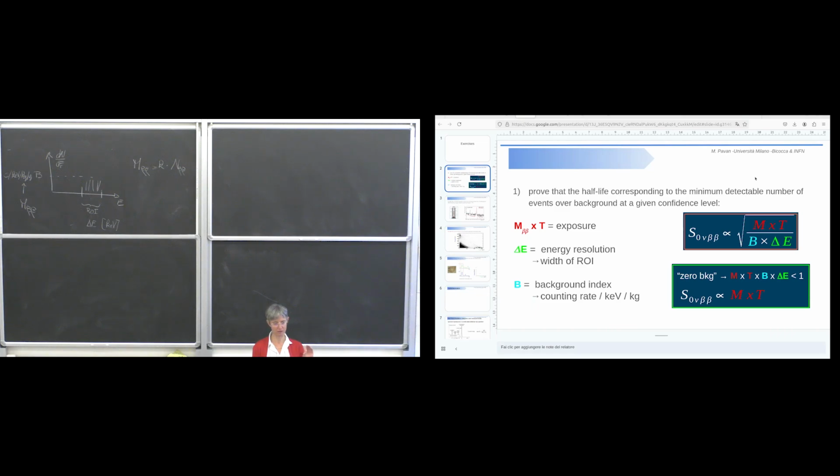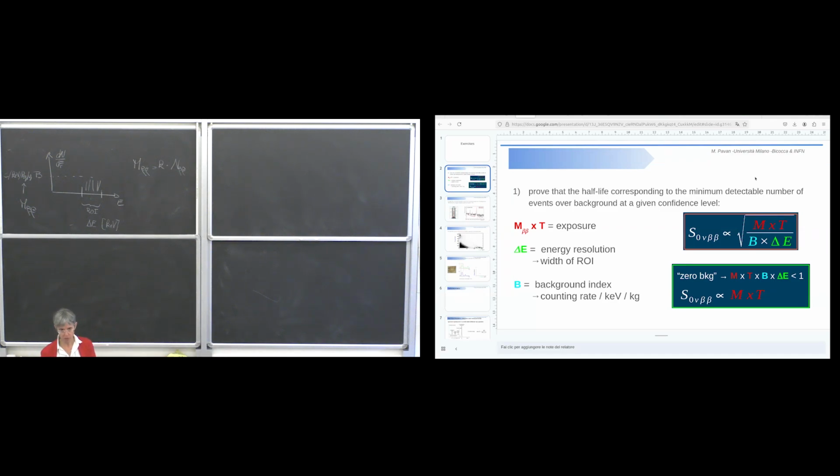Assume that I have my experiment, and I know which will be the counting rate in the region of interest, because, for example, I have a background model like the background model that I've shown you.